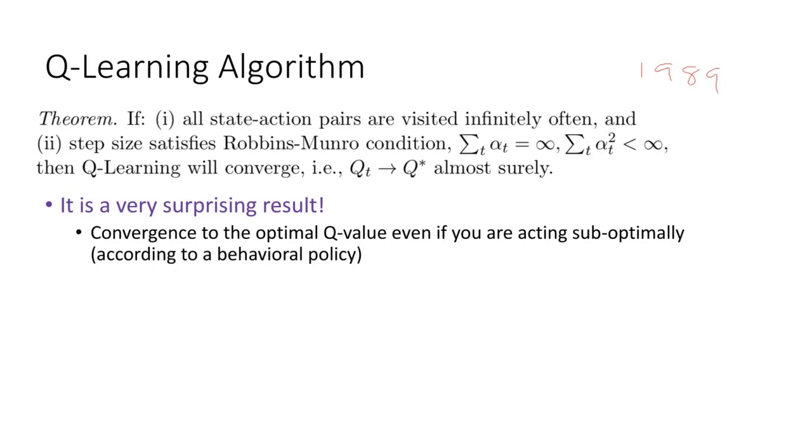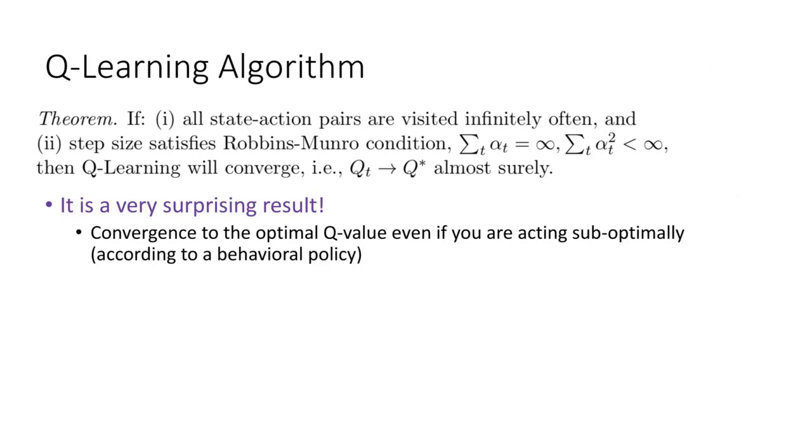But the first rigorous mathematical proof came around 1994, in two parallel papers published almost at the same time from the MIT group, one from the machine learning group and the other from the control group. So it took some time to come up with rigorous mathematical techniques to analyze this algorithm.